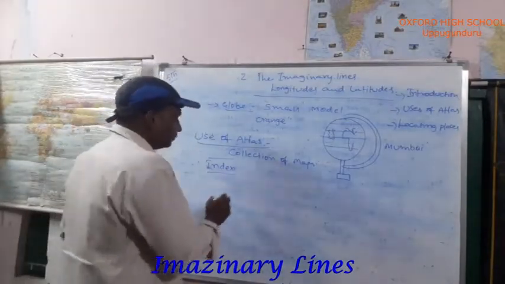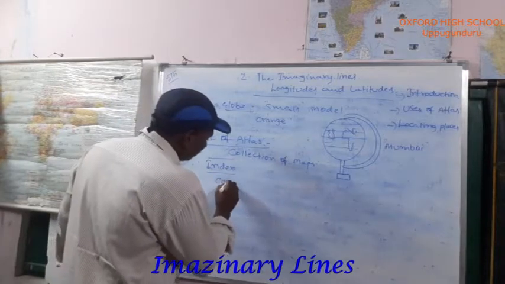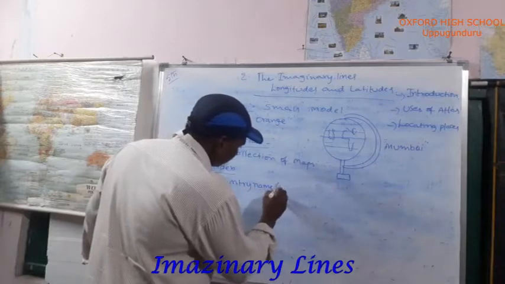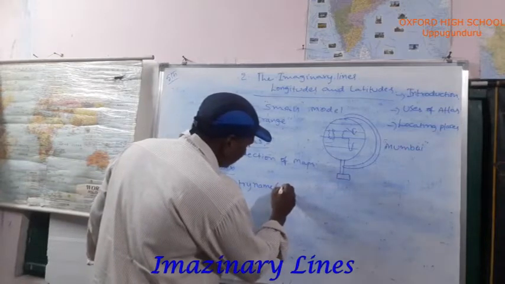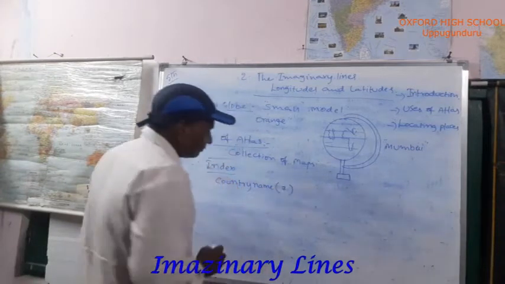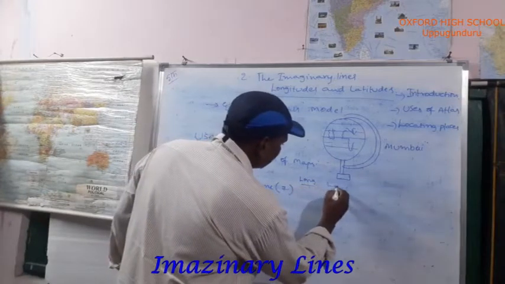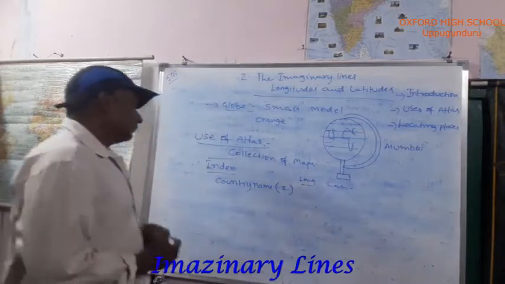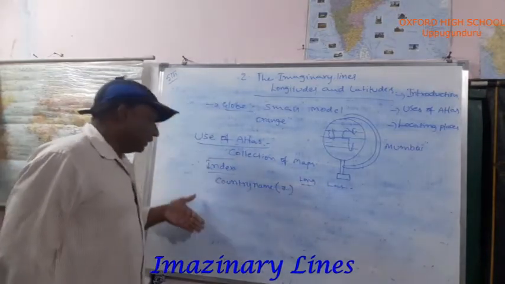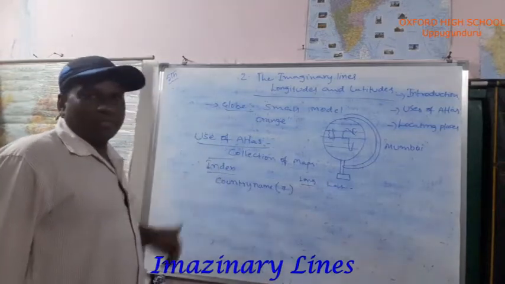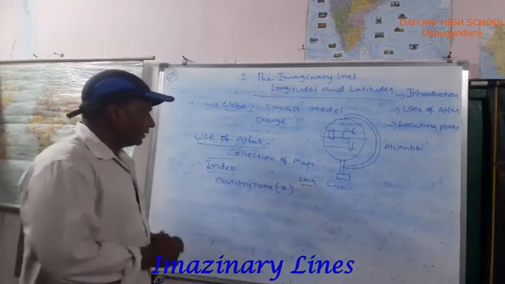In the index page, they give the country name, the box number, then the longitudinal extent and latitudinal extent. In such a manner, in the index each and every area is represented.